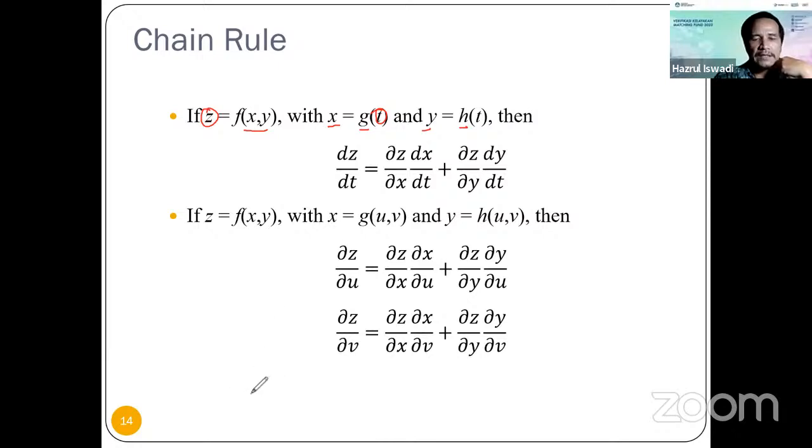So you can see that z has variables x and y, and each of x and y is also a function of t.